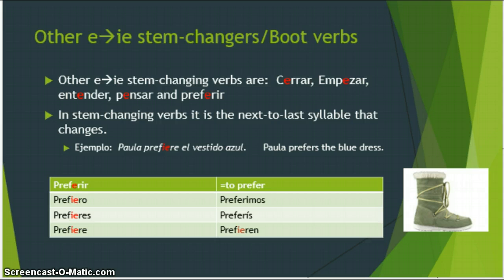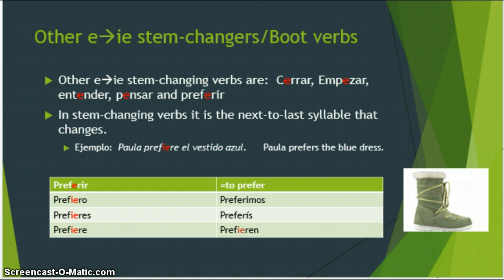Remember, the ending of the verb is not affected. I will conjugate that accordingly. So it is always the next to last syllable that changes. Or you can say the last E closest to the ending of the verb. So preferir, it's that second syllable. So I change the second E.